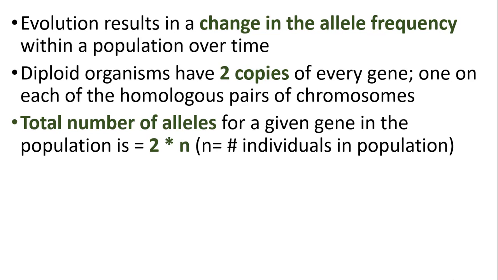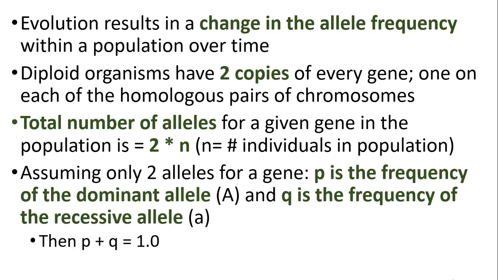So let's say you have 500 individuals in a population, and you want to figure out the total number of alleles for a given trait, let's say flower color. We take 2 times 500, and there are going to be 1,000 alleles in that population coding for flower color.